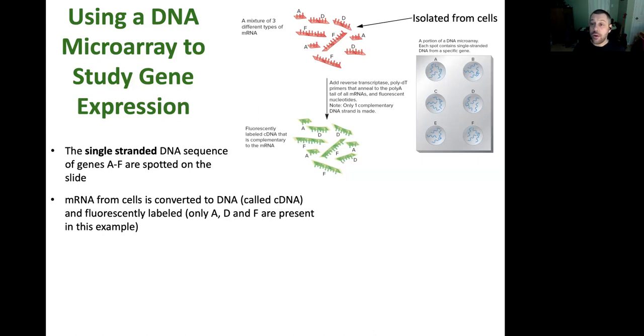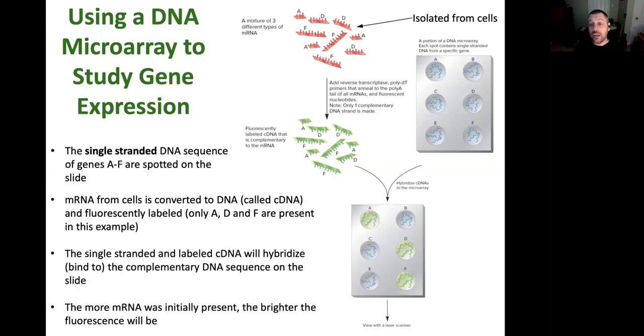So we've taken our mRNA, which, remember, is going to represent which genes are transcribed, and the more mRNA that's present, the higher the transcription level of that gene. In this particular example, there's no expression of B, C, or E in this particular cell.